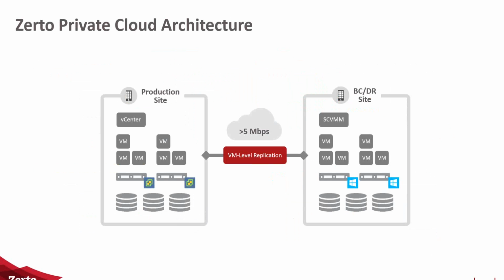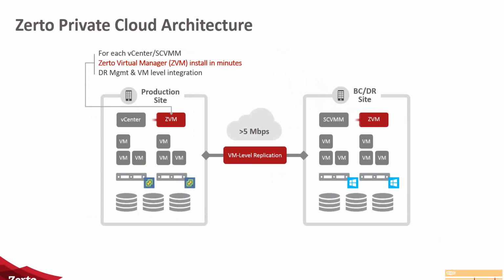Just as a technical note, the minimum vSphere version is 4.0 update 1 onwards, and the minimum Hyper-V version is Server 2012 R2. The first component that we install is our Zerto Virtual Manager, and this is our management interface for managing the orchestration, the automation, and the VM level integration. You install one of these per vCenter or System Center, so you typically have one per data center.